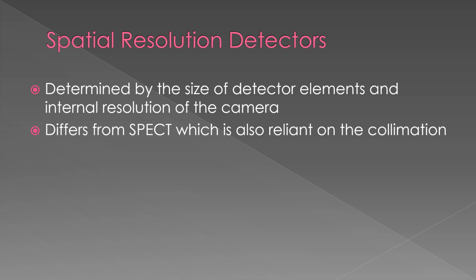That will degrade the spatial resolution with PET imaging. But the spatial resolution is largely determined by the size of the detector elements and the internal resolution of the PET scanner. This greatly differs from SPECT and general nuclear medicine, which is also reliant on collimation. With PET imaging, we're not reliant on that collimation.